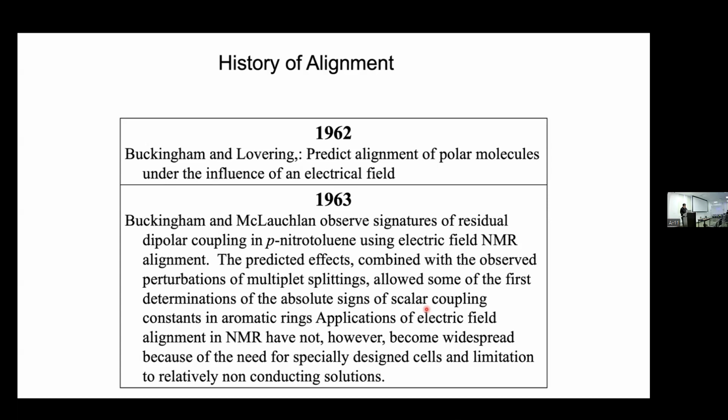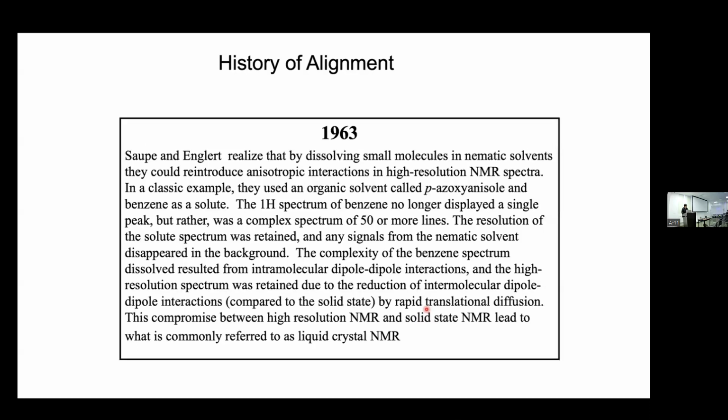So this was the proof of principle that you can partially align molecules with the use of electric fields. And then the theory for how you deal with it: as usual in NMR, with everything new, there's always a tensor that goes with it. The probability distribution of orientations, or the alignment of molecules, is described by a tensor, which originally was called the Saupe matrix.